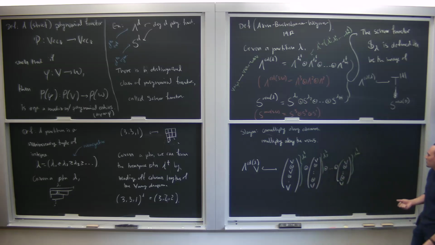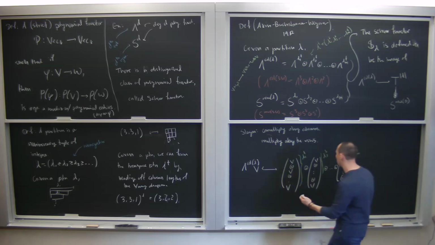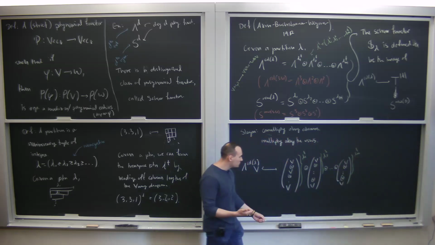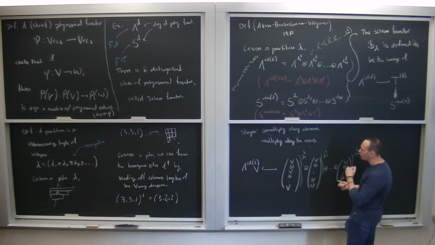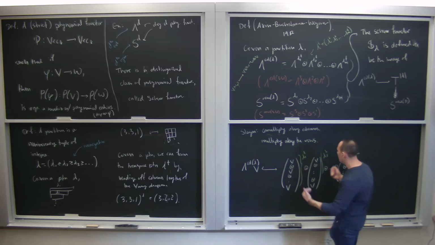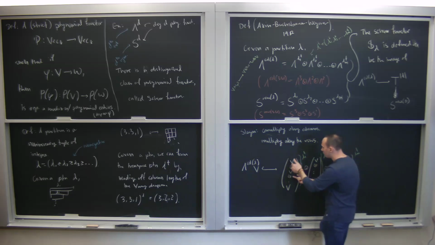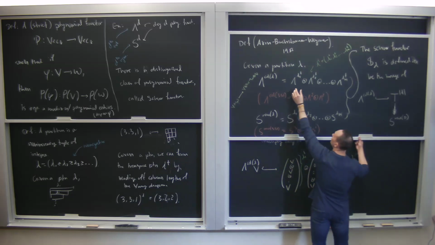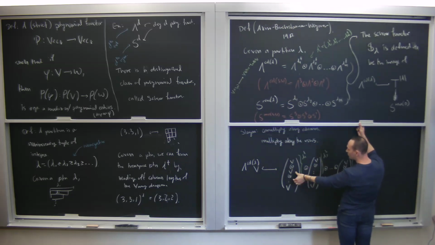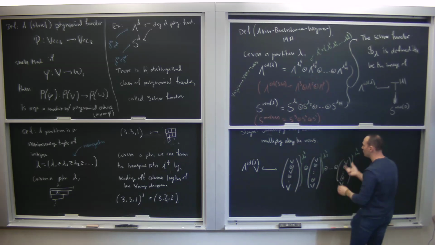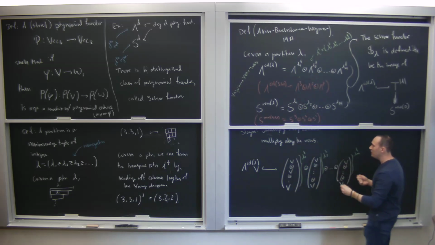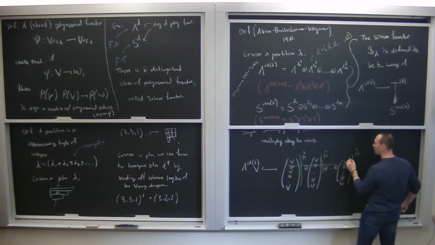But in general, if you're wondering, wow, this seems complicated, it's because it is. There's just no getting around the fact that this is an inherently technical construction. But anyway, this is now what I'm saying about the rows giving me the instructions for how to recombine these factors. So I've co-multiplied. The first lambda factor, this factor right here, got embedded into this first tensor component, this one embedded into this one, and so on and so forth. And then the way that I recombine the tensor factors is along the rows.